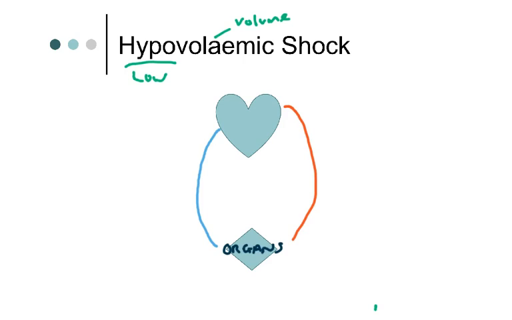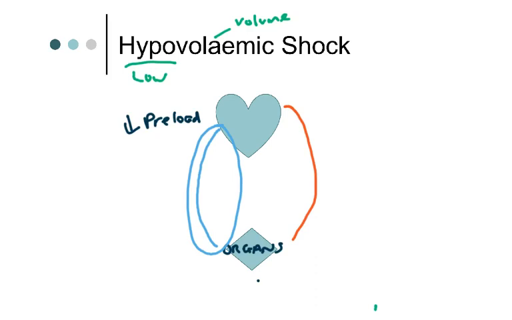So in hypovolemic shock, there is low volume in the vascular space here. This low volume coming back to the heart reduces preload, which is essentially filling of the heart.